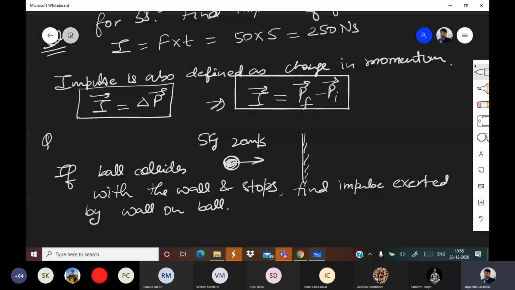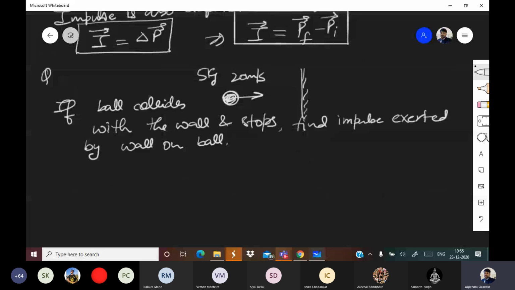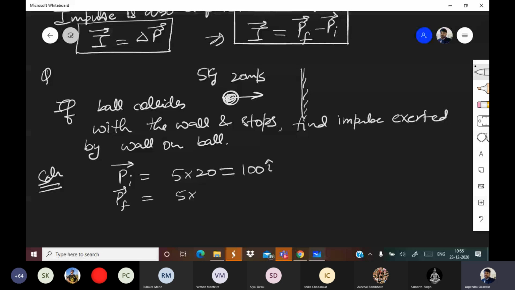Okay. So people are saying, pay attention, that P initial of the ball is equal to 5 into 20, which is 100 I cap. P final of the ball is equal to 5 into 0, which is 0.